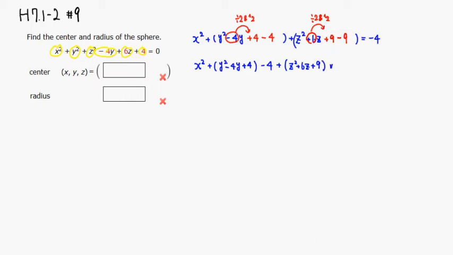Negative 9, and it is equal to negative 4. Now we need to get rid of these extra terms. First thing I can do is, there's negative 4 on both sides. We can cancel that out. Then we can just add 9 to both sides.